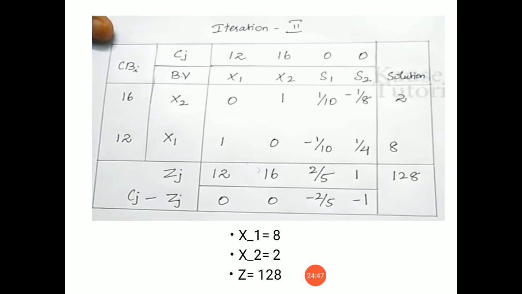After reaching the end, the solution will be read from the solution column. x1 is equal to 8, x2 is equal to 2, and z, that is the objective function, is equal to 128. So this is the solution for the maximum objective type problem that we discussed using the simplex method. I will be ending this class here.